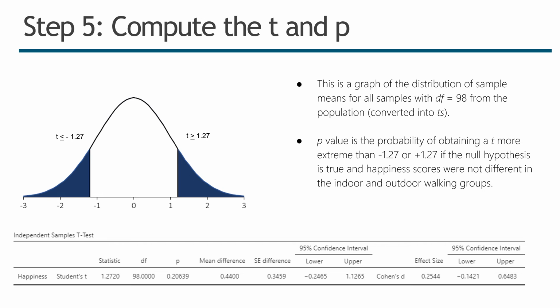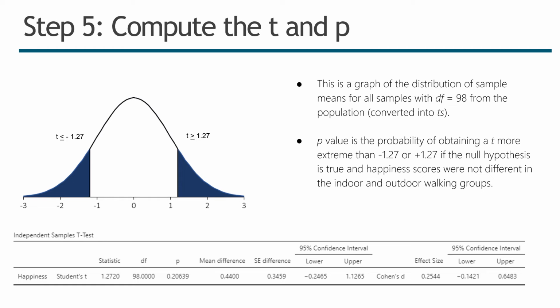Now we need to interpret our p-value. So this distribution here is a graph of all possible sample means of a given size with degrees of freedom equal to 98 taken from this population. And the p-value that we have comes from this graph where we look at the probability of getting a t greater than the one that we obtained of 1.27, or since it's a two-tailed test, or less than negative 1.27.